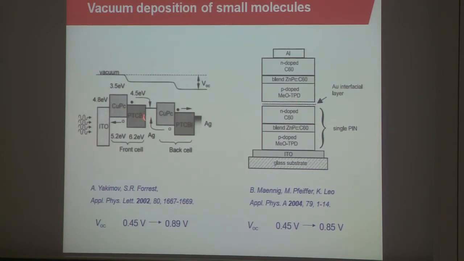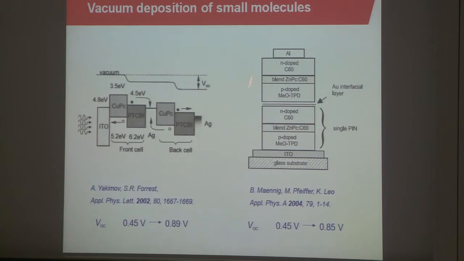And here it was just metal, and here they use doped semiconductors for that. And still they use an artificial gold layer in between. It's maybe not really necessary to use that. We will hear that tomorrow. And both cells give doubling of the open circuit voltage and have led the way to improvements.